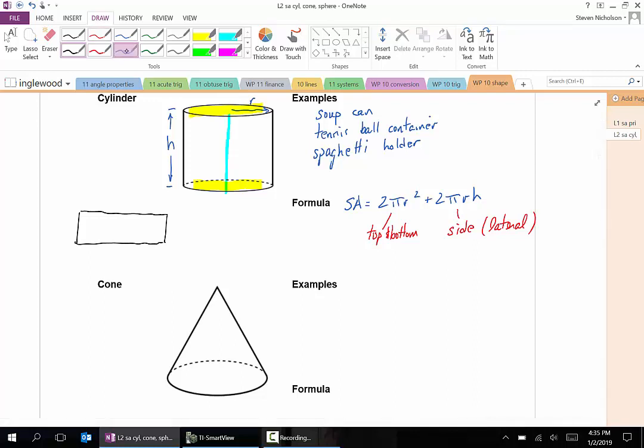And in my picture, this dimension would be the height, and the top dimension would be the circumference of the circle, and the circumference is 2 pi r. So that's where you get that little formula for the side of a cylinder. And you can imagine cutting it, getting a rectangle, and there's your L times W.